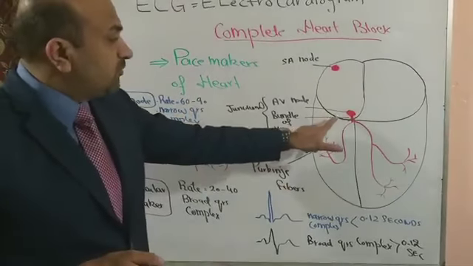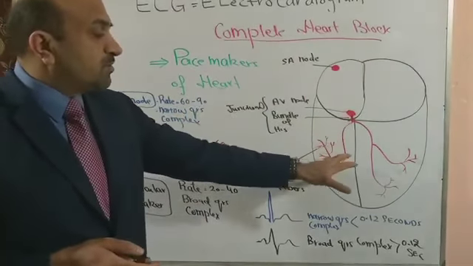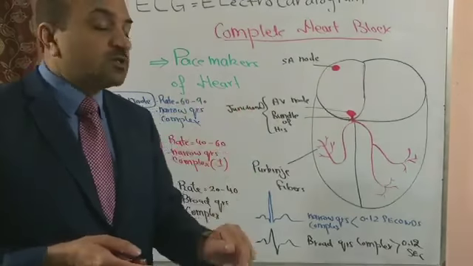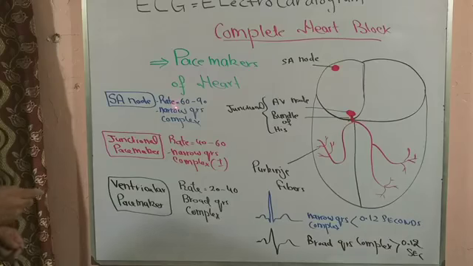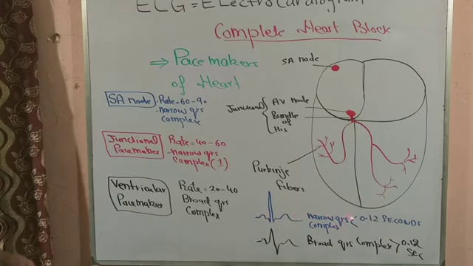Then it comes to the AV node and goes all the way down through the Purkinje system inside the ventricular muscles and causes the ventricle to depolarize, and that generates a narrow QRS complex. Those QRS complexes which are generated as a result of the impulse coming from the SA node will be narrow. What we mean by the narrow QRS complexes, those QRS complexes which are shorter than 3 small boxes or shorter than 0.12 seconds are known as the narrow QRS complexes.